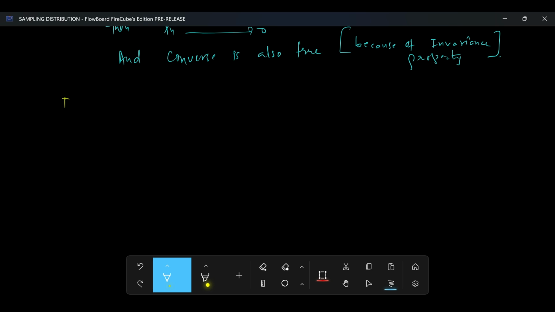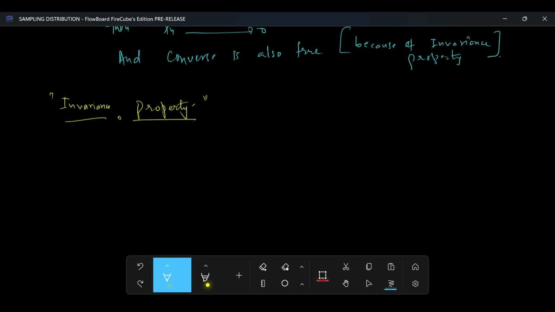See, the invariance property is the most important property when we talk about convergence in probability, consistency, MLE, and sufficiency. That's part of statistical inference. This is the most important, right?